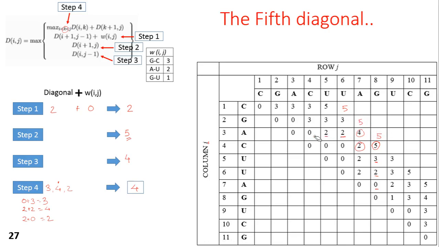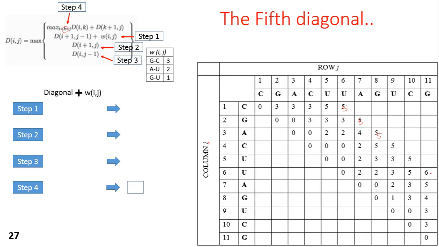Okay. So in this way you would go on proceeding diagonally and reach till the end. Okay, so in this way you would populate the remaining fifth column till you reach over here.